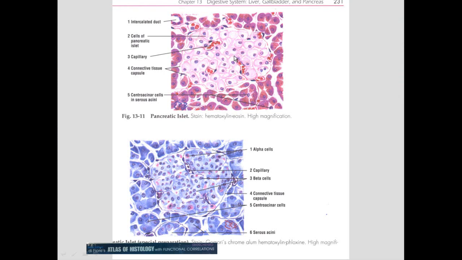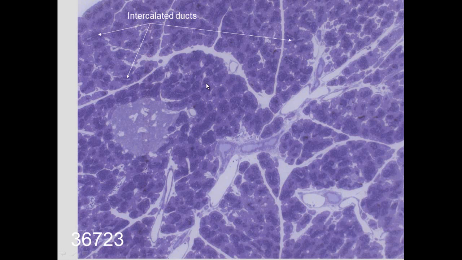So here we see the islets of Langerhans, which have the islet cells, beta cells, and alpha cells located there. Here again, we can see intercalated ducts right in through there, carrying the secretions from the pancreatic acinar cells. These are larger ducts with cuboidal cells located around them, and then we see one of those islets of Langerhans, and we can see some blood vessels in through there, which would be part of the portal system that goes from here.